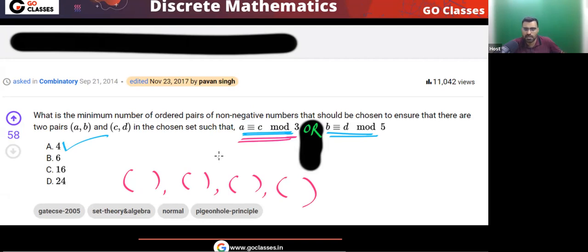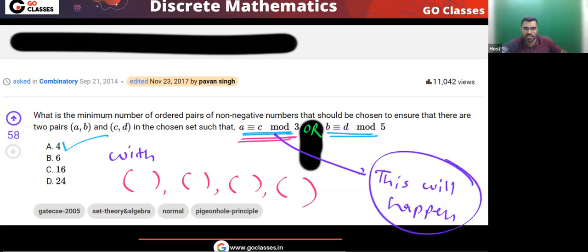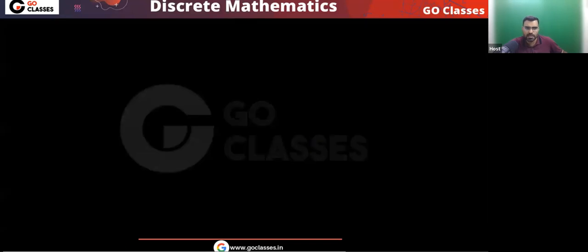Understand? Is this point clear? With 4 ordered pairs, definitely this will happen. So the answer will be 4. Did you understand this? Please tell me.